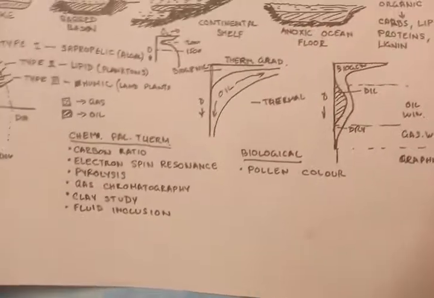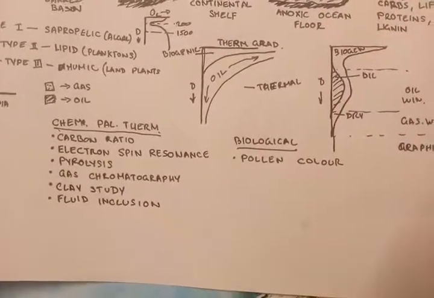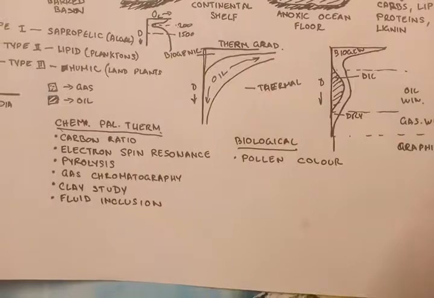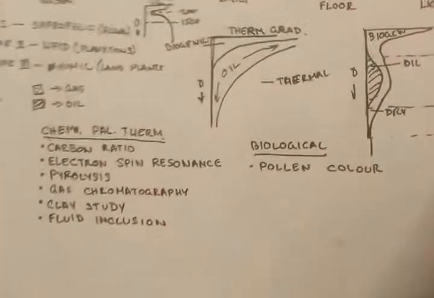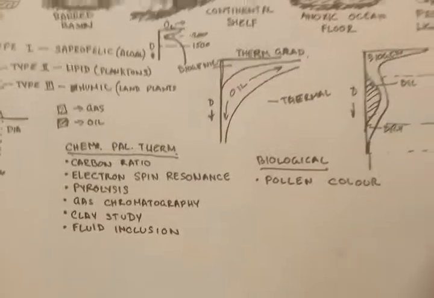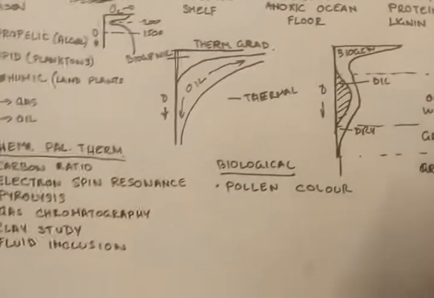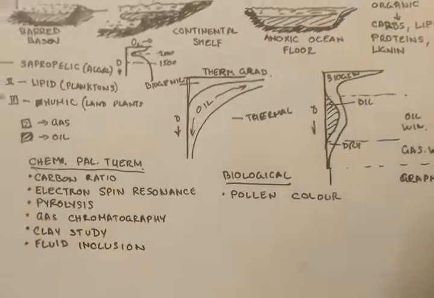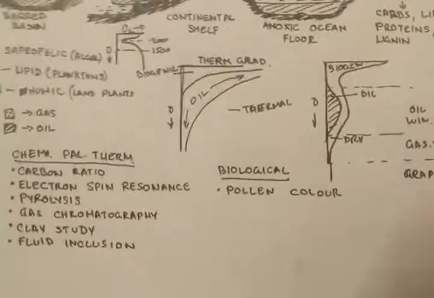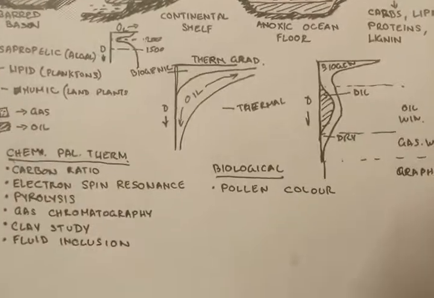There's a series of colors they change according to temperature. So pollens are extracted from the oils or the source rock, and the colors of the pollens are analyzed under a microscope, and we can find the temperature to which it has been subjected earlier.